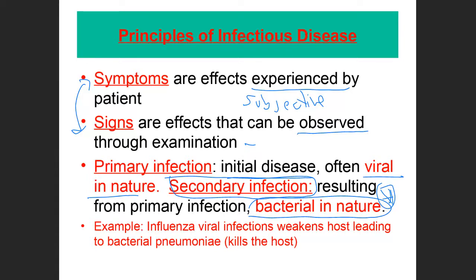That is the case with things like influenza and pneumonia, viral pneumonia, I should say, even viral meningitis for that matter. So these viral infections weaken the patient's immune system, and that opens the door to bacterial pneumonia or bacterial meningitis or a bacterial infection, and that's oftentimes what is a lot more serious.